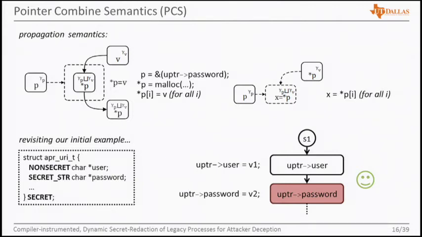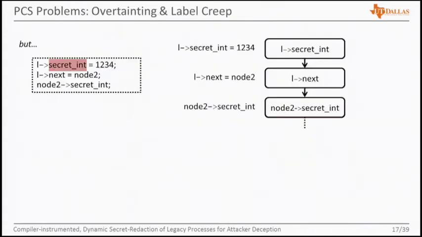However, this works in this case because here we have a specific case where the secret that we have is separated from the structure that houses it by one level of pointer indirection. However, if structures mix secret values with non-secret pointers, then all sorts of over-tainting, label creep problems arise.